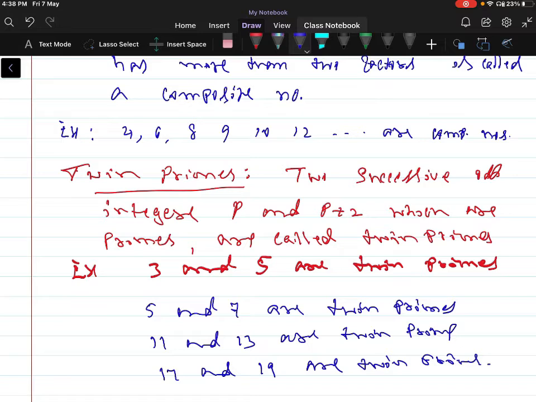You can observe this here. So 5 and 7 are the successive odd integers and they are primes, so therefore 5 and 7 are the twin primes. 11 and 13 are odd integers and moreover they are prime and successive odd integers, therefore 11 and 13 are the twin primes. So similarly 17 and 19 are the twin primes.